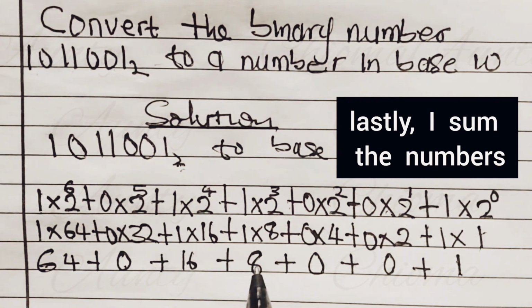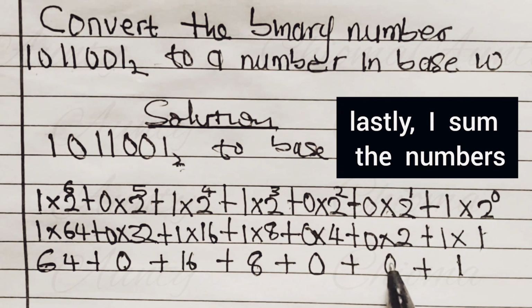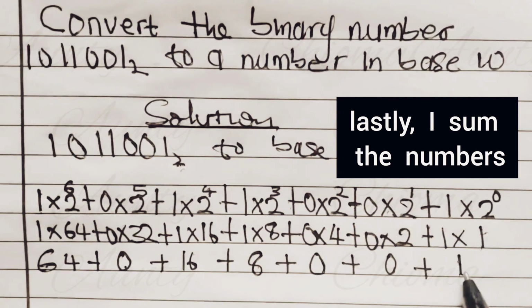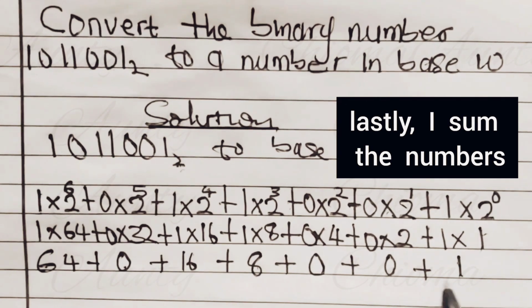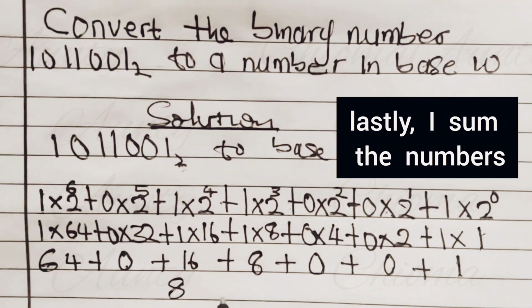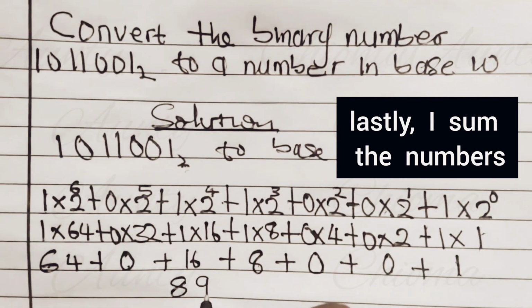Plus 8 is 88. Plus 0 is still 88. Plus 0, still 88. As I said earlier, 0 is nothing. Plus 1 now is 89. So the sum of all these numbers is 89.